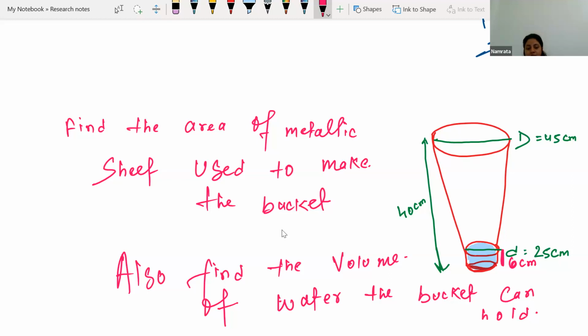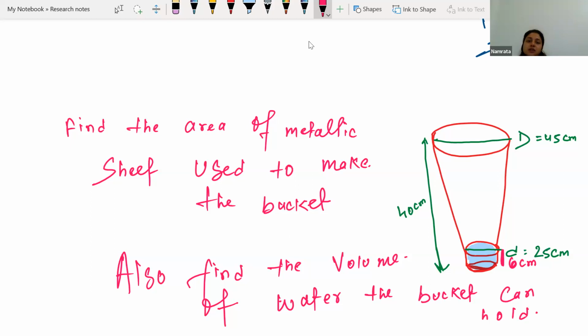For the area, can we say that we have to add the two shapes, the CSA, the frustum and the bottom one, the cylinder, right? Yeah, that's it.